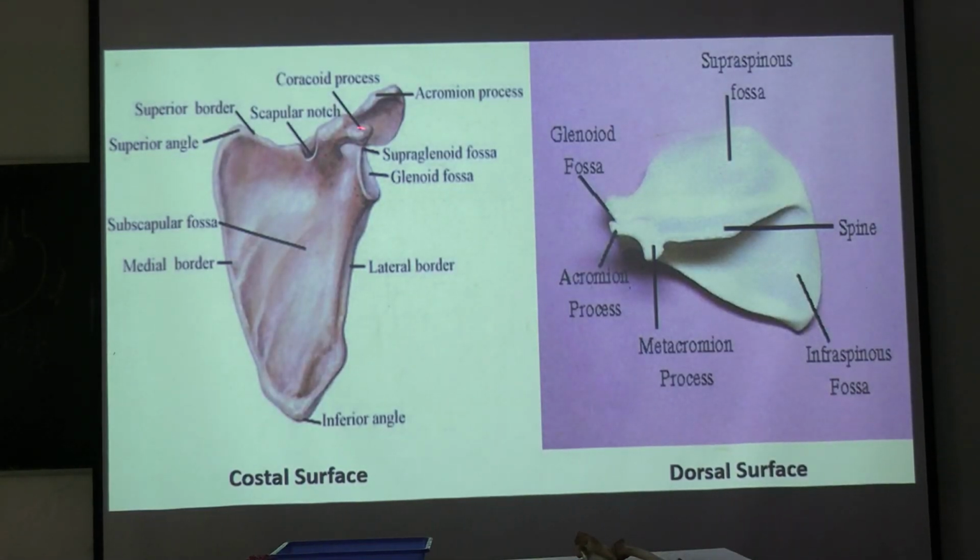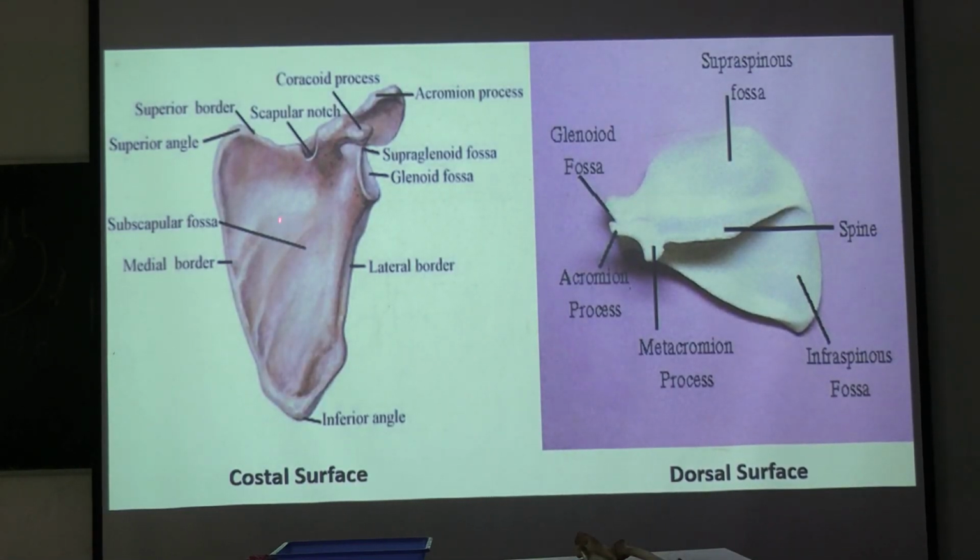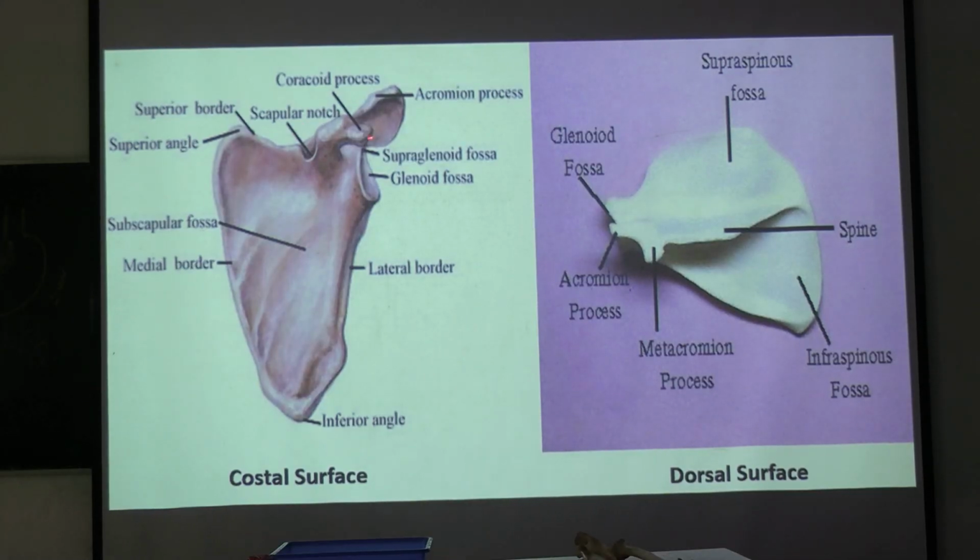See here: glenoid cavity, spinoglenoid notch, suprascapular notch, superior border, medial border, lateral border, superior angle, lateral angle, inferior angle. Supraglenoid tubercle, infraglenoid tubercle.